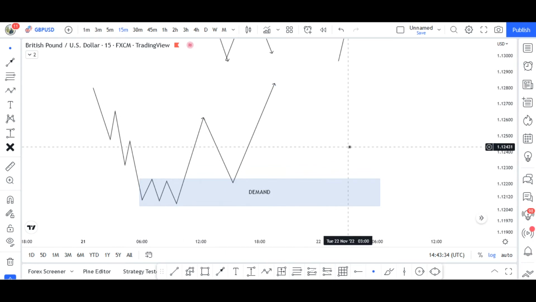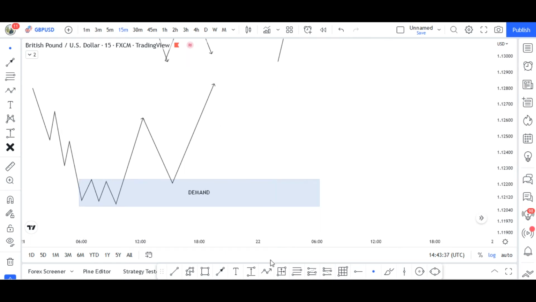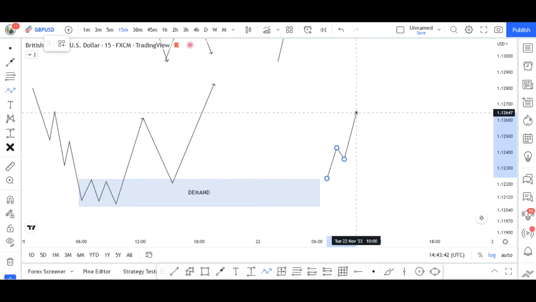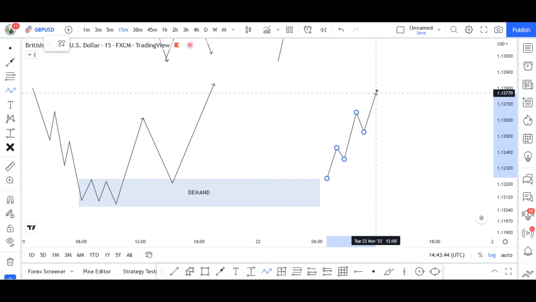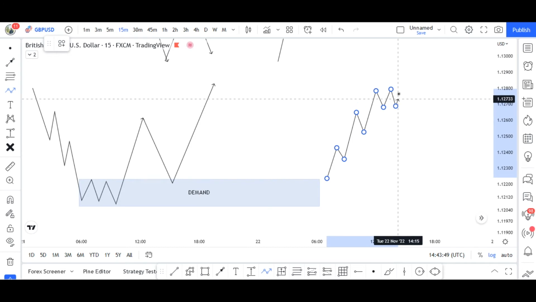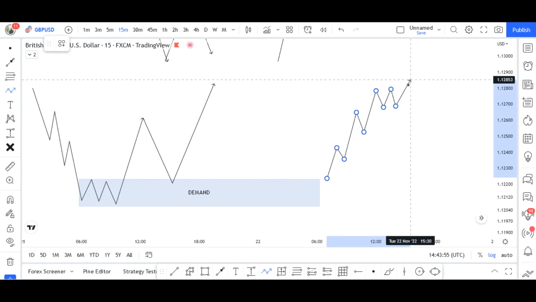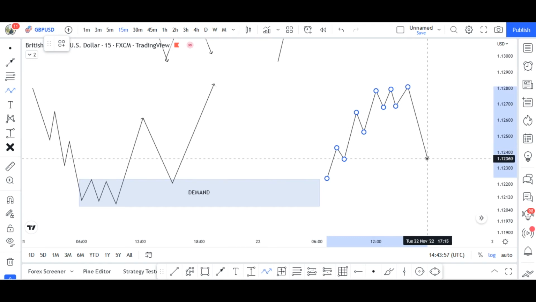All right. For the second one, we talk about the bullish market. So we have the market moving in a bullish trend. Then the market starts forming some consolidations. Then the market comes down, so the market comes this way.